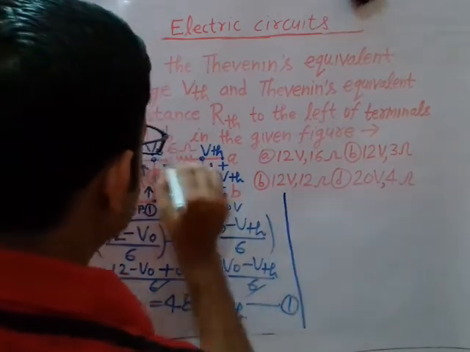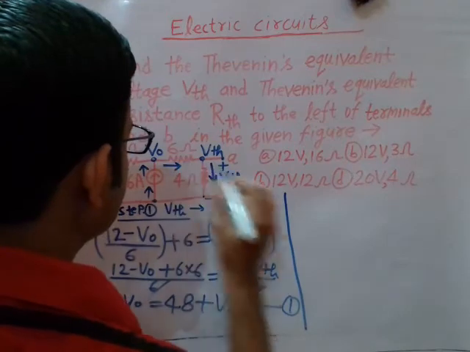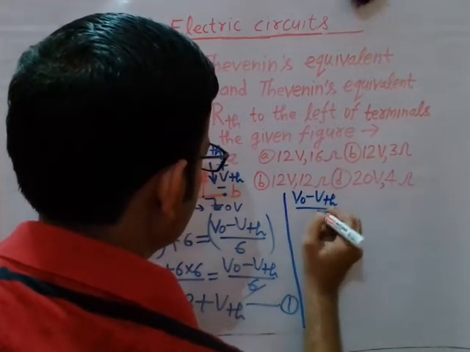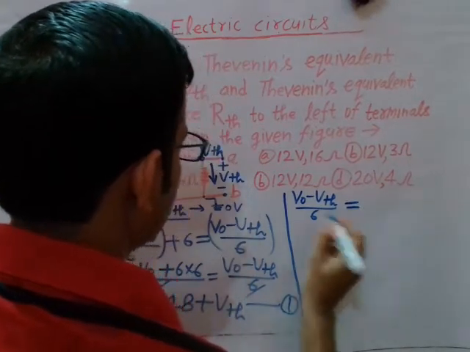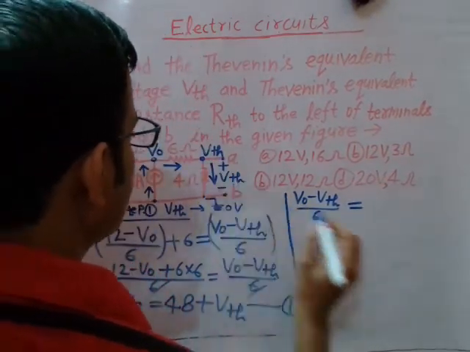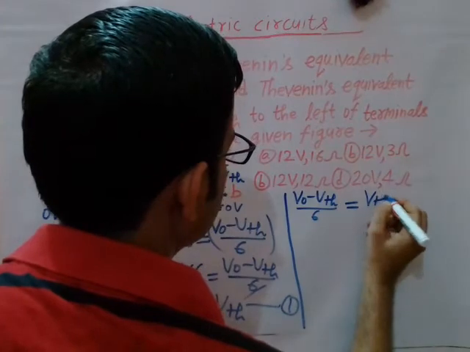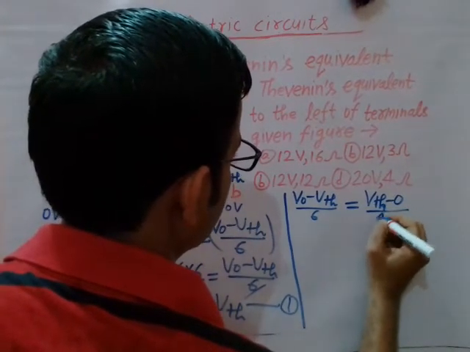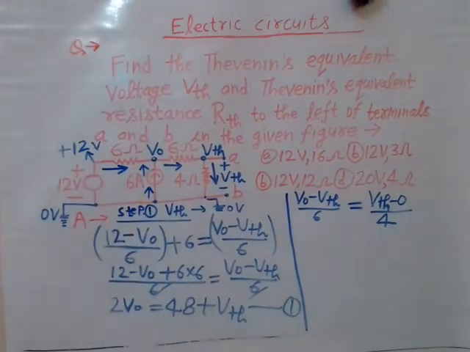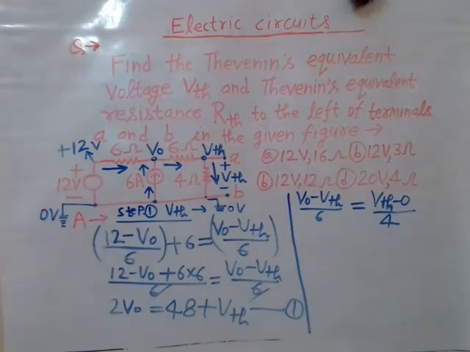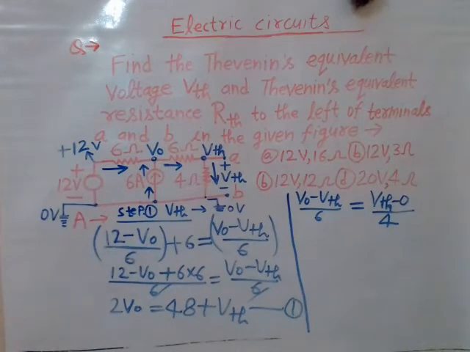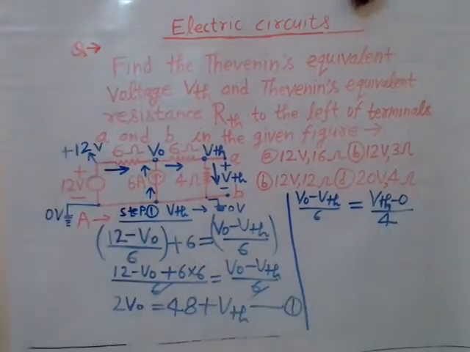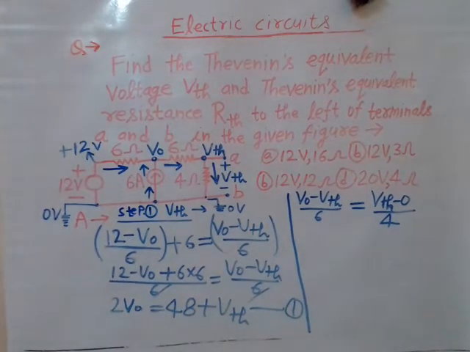So that means what is this current? V naught minus VTH by 6. So write V naught minus VTH by 6, and this is equal to VTH minus 0 by 4. So VTH minus 0 divided by 4, right? So from here you will get 4 V naught is equal to 10 VTH.